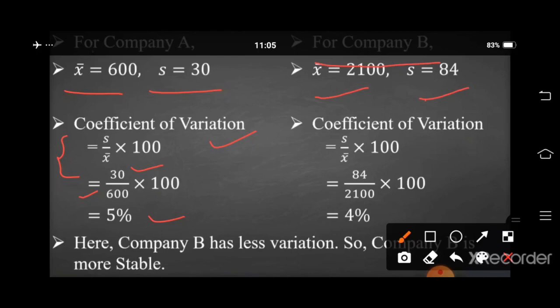Here, for company B, mean is 2100, standard deviation is 84. Put in the formula of coefficient of variation, S upon mean into 100, S equals 84, mean equals 2100, into 100. The answer is 4%.